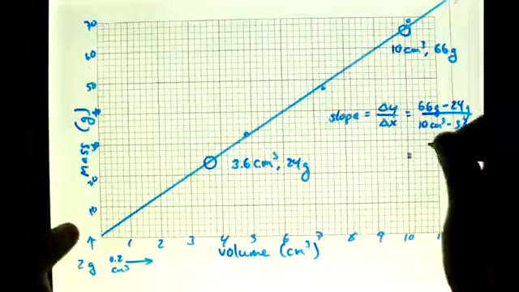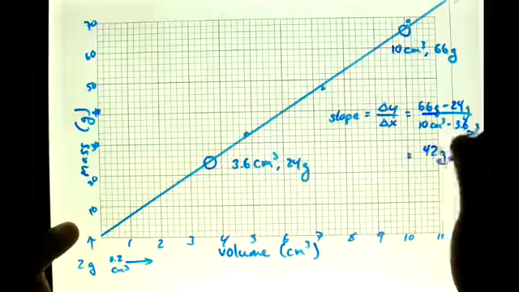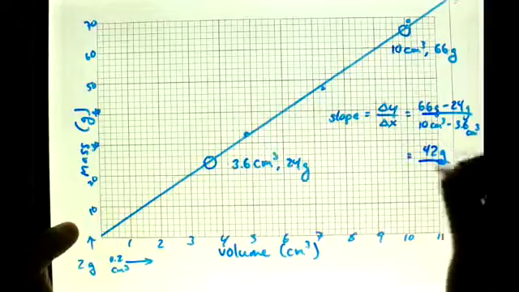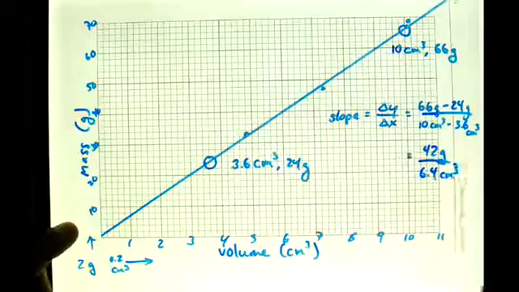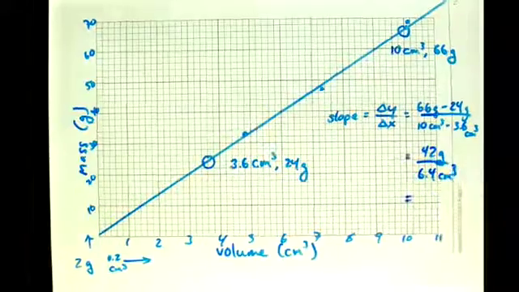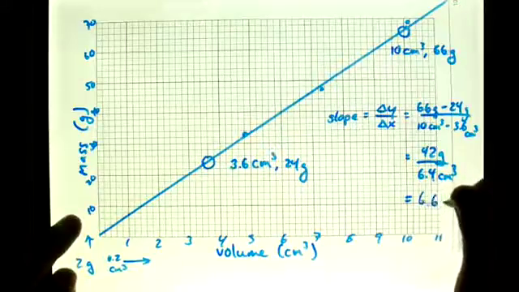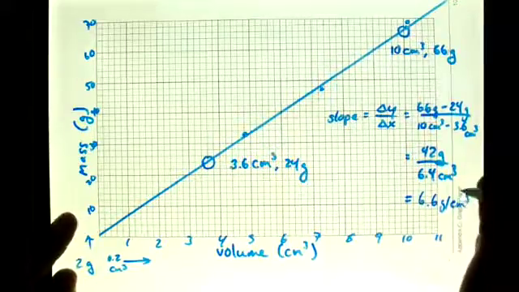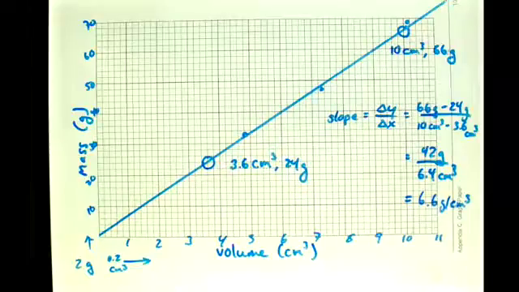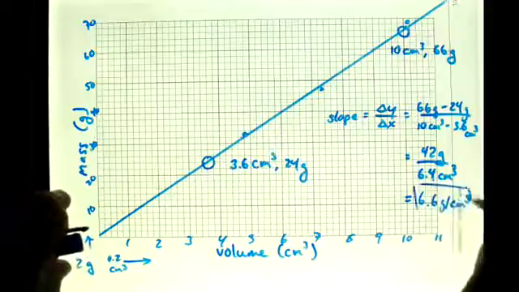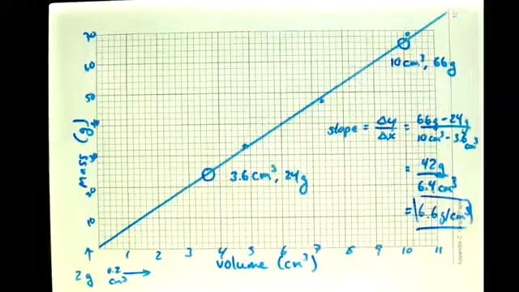And so that gives us 42 grams of change and 6.4 cubic centimeters of change. When we do the division, what we get here is 6.6 grams per cubic centimeter, which actually does match up with the individual data points reasonably well, but this gives us now the entire density based on a slope of a best fit line.